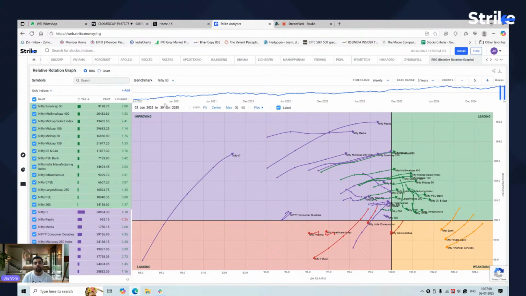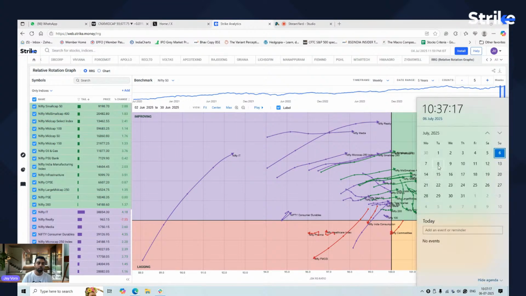Does it mean that these rates are of 30th June? So that is not true. What we are actually doing is that we are considering the start of the week as the weekly open, right? So that is why we are considering it that way.